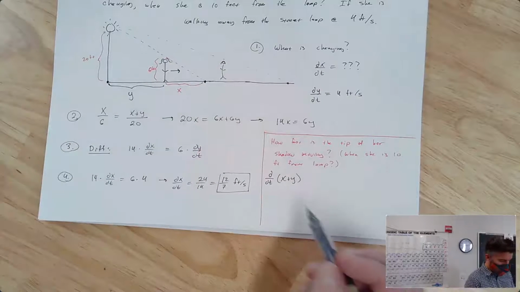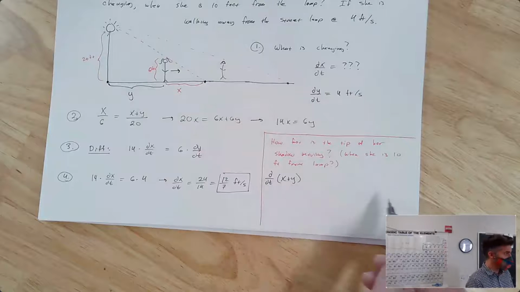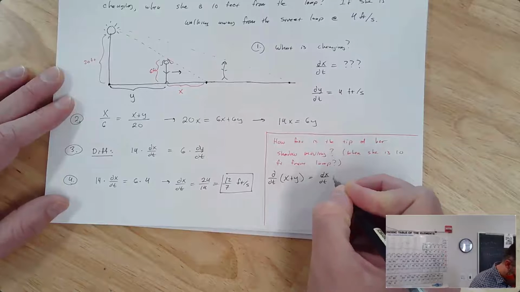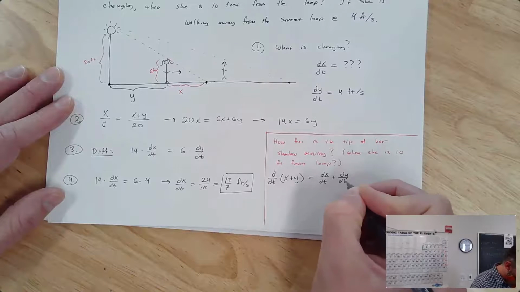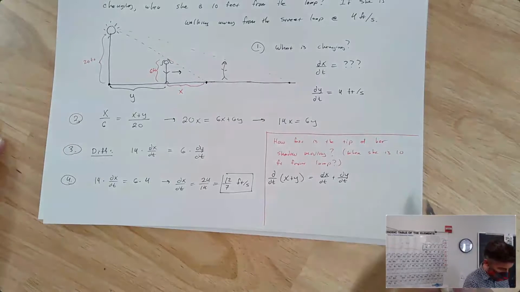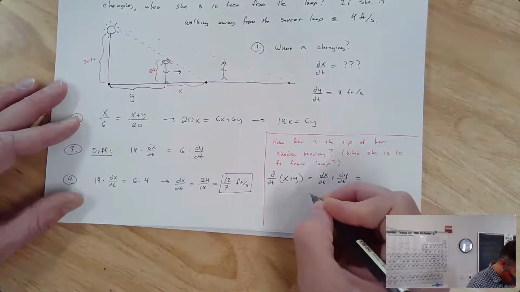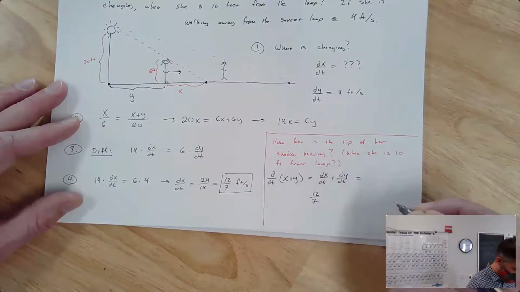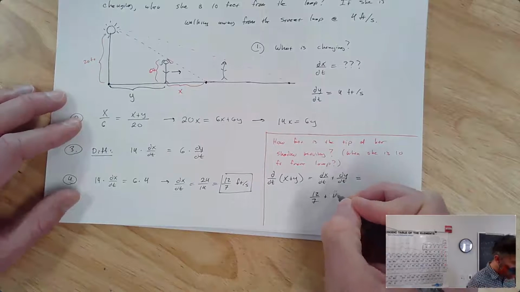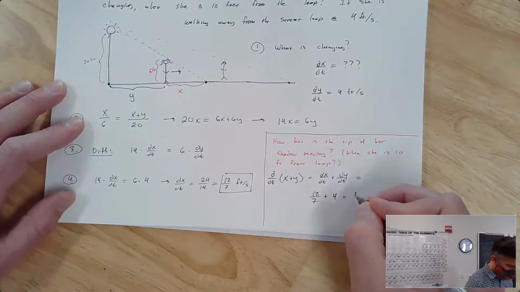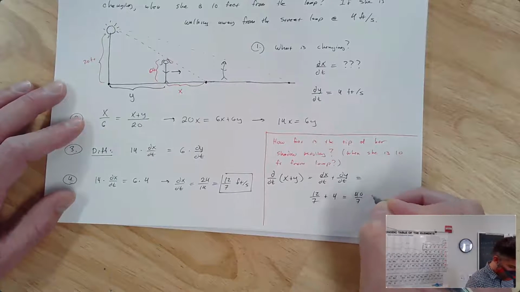Well, great. I know how to take the derivative of the addition of two things. It's just the derivative of the first thing plus the derivative of the second thing. And from all the work we already did, we know both of those things. We know that dx dt is 12/7 of a foot per second. We know that dy dt is 4 feet per second. So adding those together ends up being 40/7 of a foot per second.